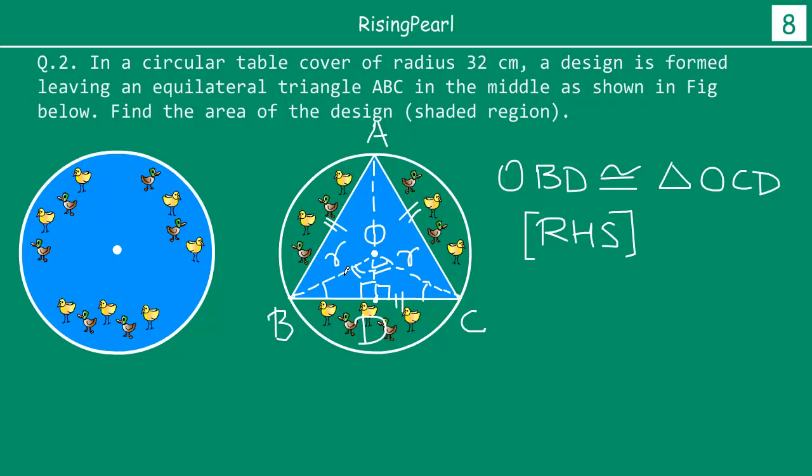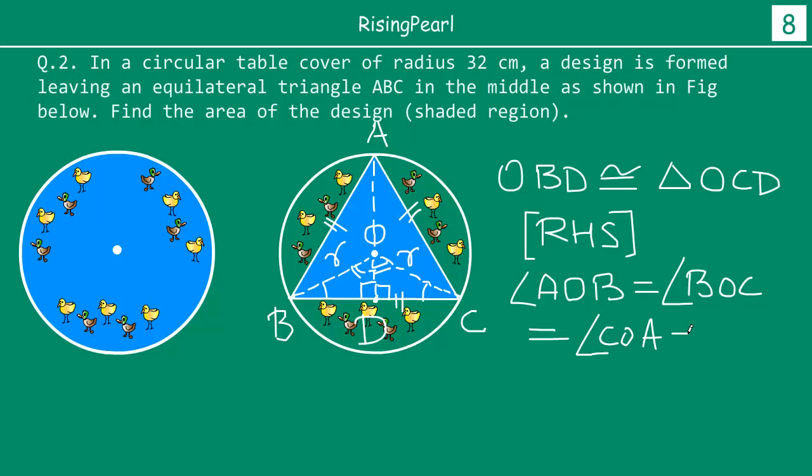So each of these angles, that is angle AOB will be equal to angle BOC, which will be equal to angle COA, and each one of them will be 360, which is the total for a circle, divided by 3, or that should be 120.